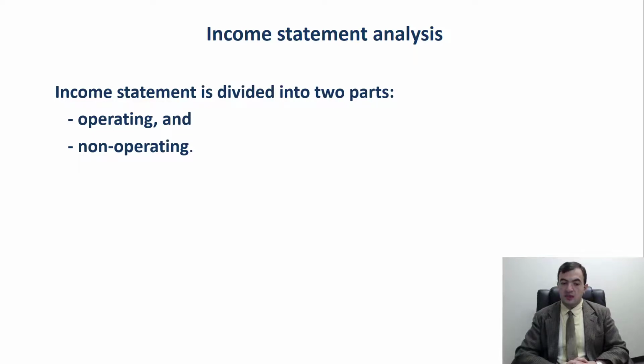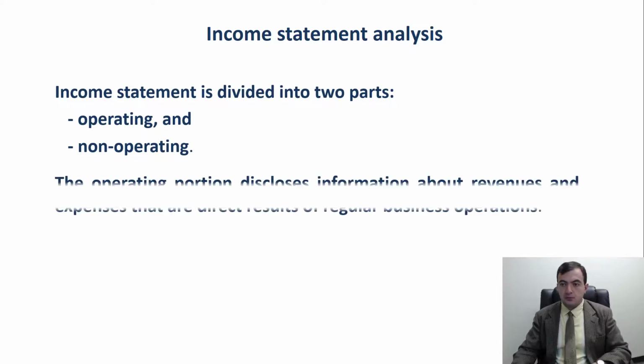We want to understand in the income statement analysis which part of revenues comes from operating or from main activity, and which part of revenues comes from non-operating activities. And also we want to see the expenditures, what part of costs are going to operating activities, and what amount of costs are dedicated to non-operating activities, non-main activities of the company.